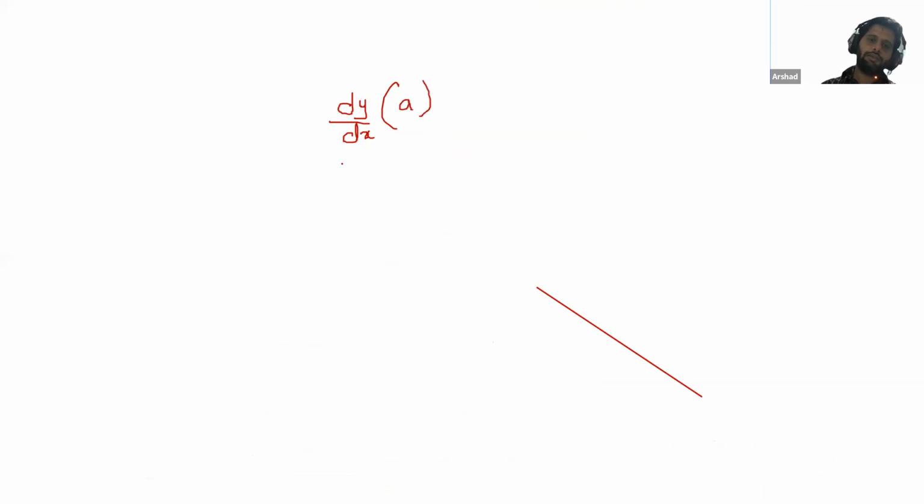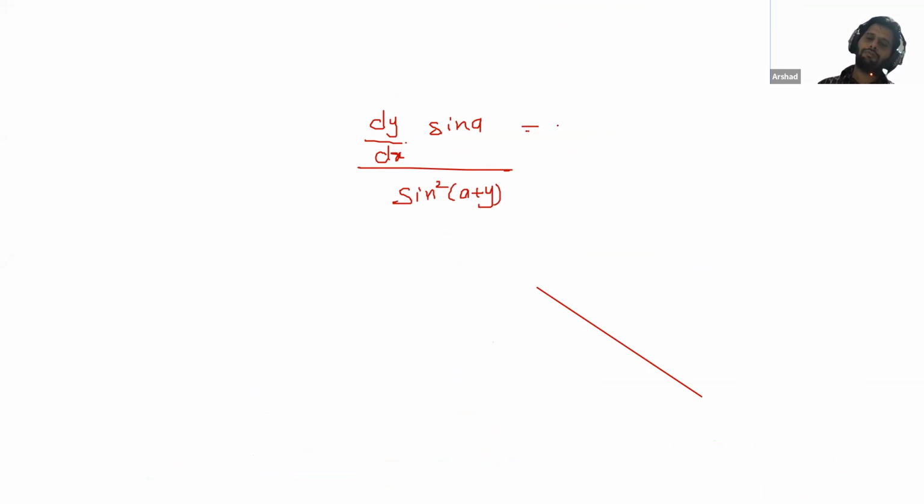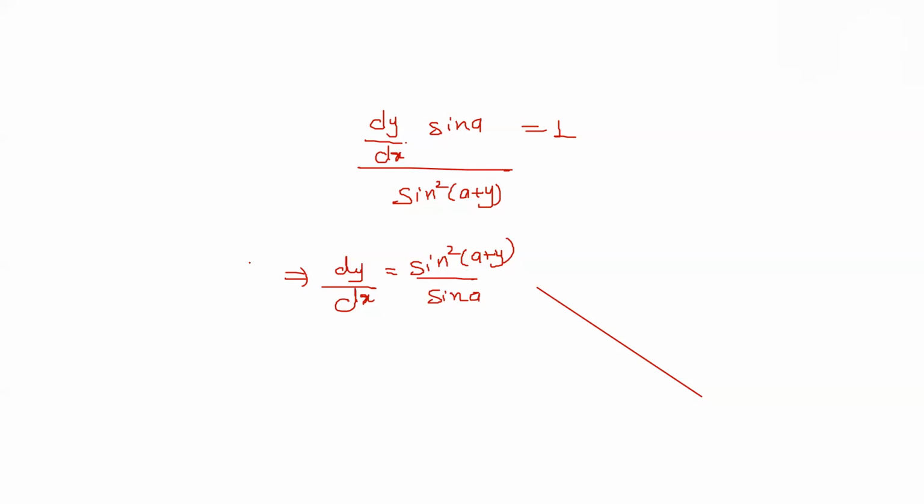Further, dy by dx into sin A by sin square(A plus y). On the right side, we have a 1. So as per the proof, you can shift this denominator to the right side. So you will get dy by dx is equal to sin square(A plus y) by sin A. Is it clear to everyone?